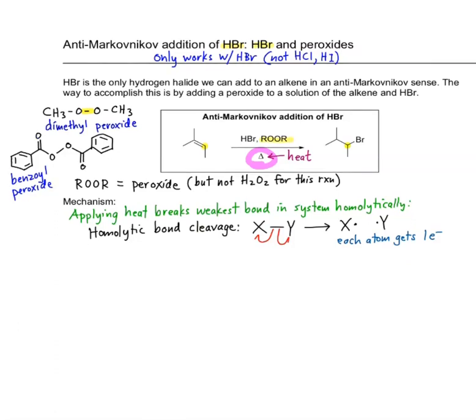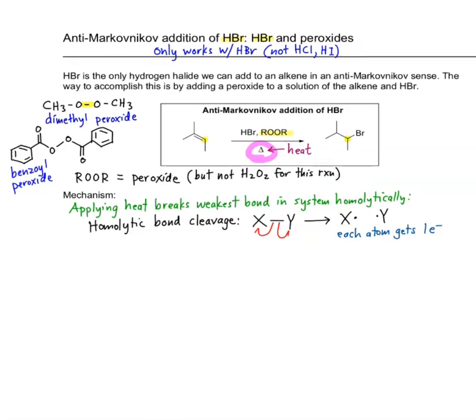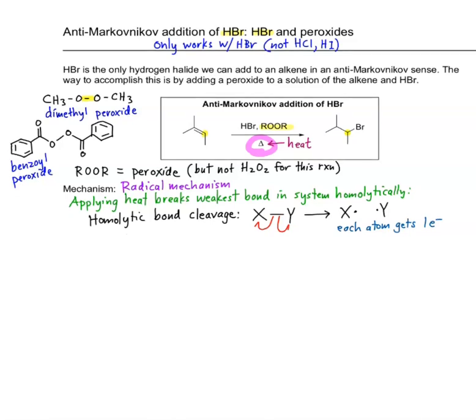Okay, so this is going to be what's known as a radical mechanism. And a radical mechanism involves the movement of unpaired electrons, so single electrons, and so as such, we're going to be using fishhook arrows to show this.